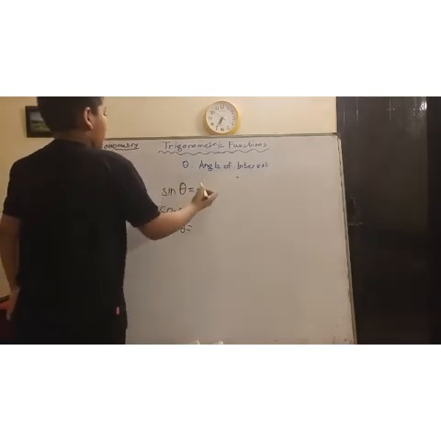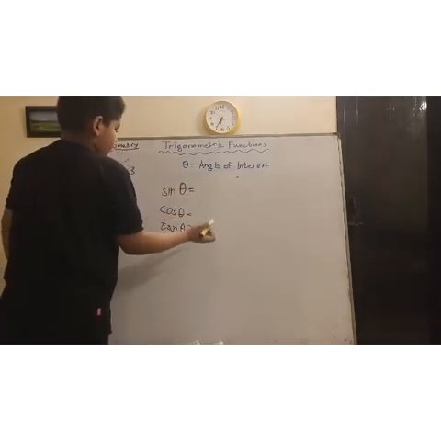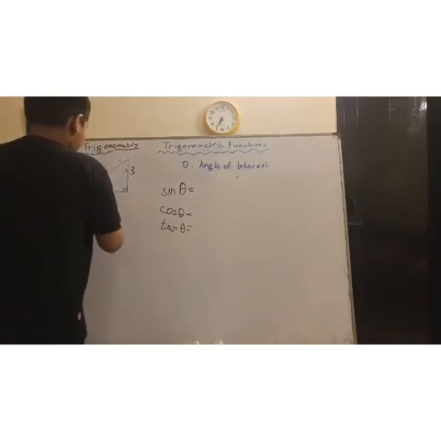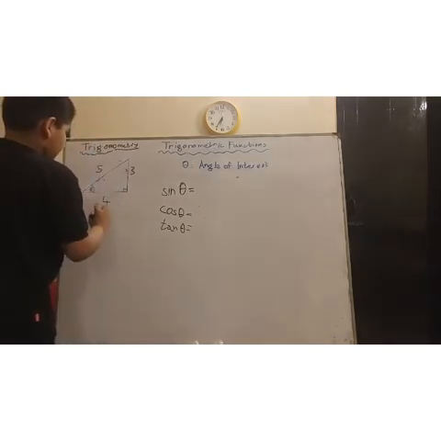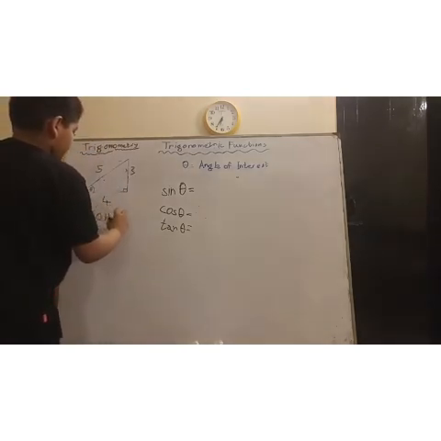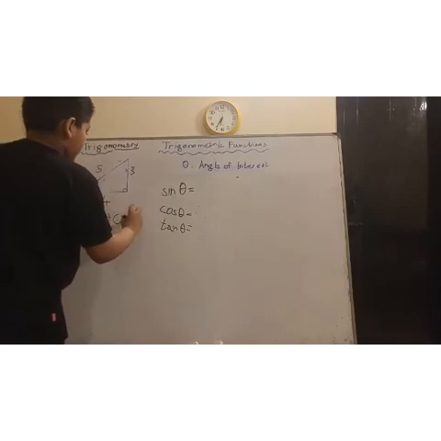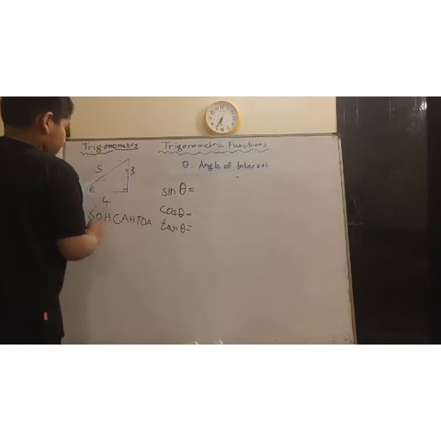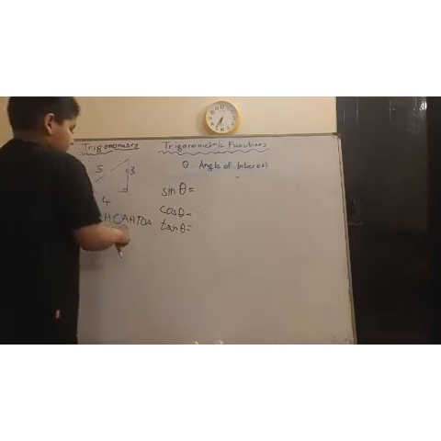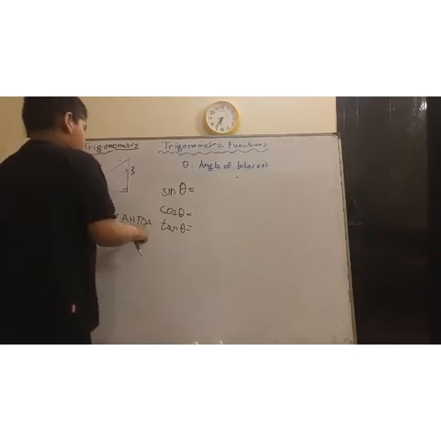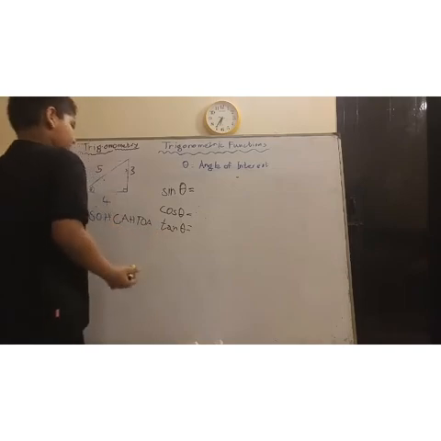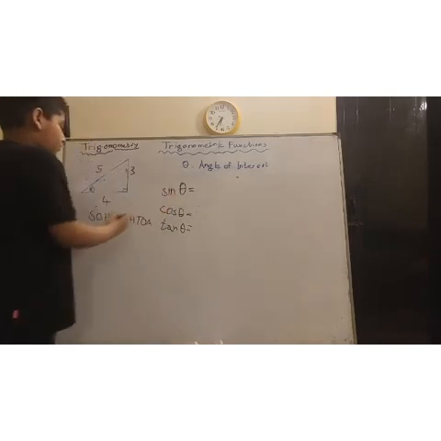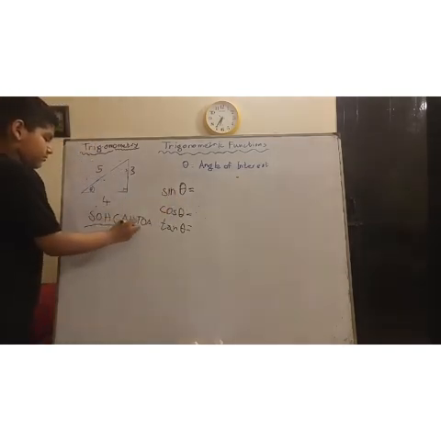Just to know, this is a mouthful of trigonometric functions, so you will use this as a short form: SOHCAHTOA. It says that sine equals opposite over hypotenuse, cosine of theta equals adjacent over hypotenuse, and the TOA part says that the tangent is equal to opposite over adjacent. So here it is, just so you know.